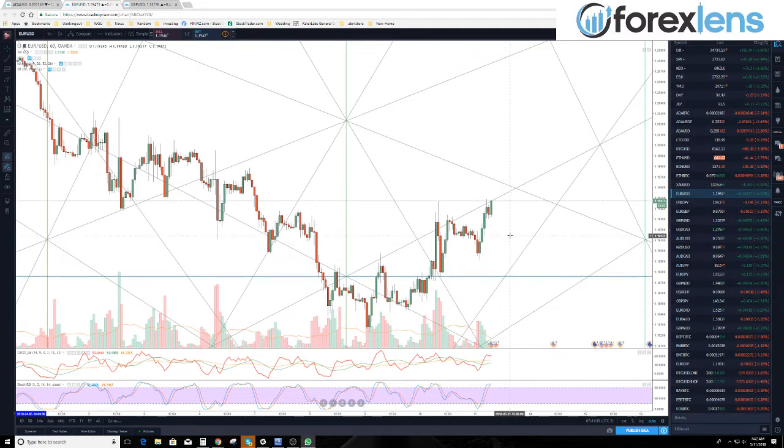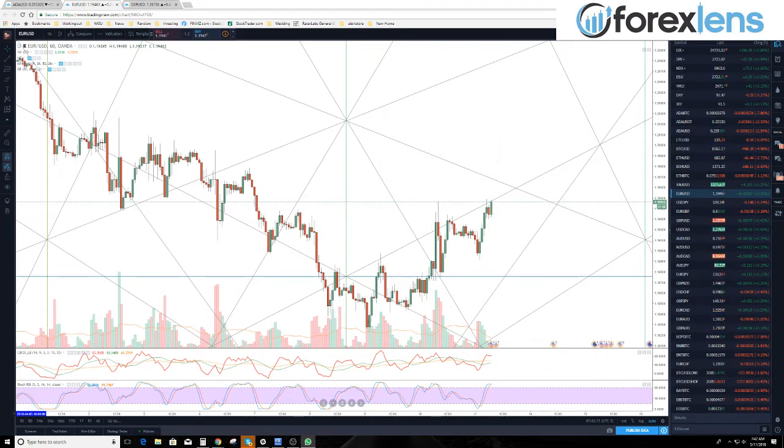So looking at this zone here, looking at these conditions on the hourly, there's a couple of areas that we could entertain shorting. If it's either a break of this angle where we test here and we'd be accelerated or elevated to sell down more, or just shorting right here.